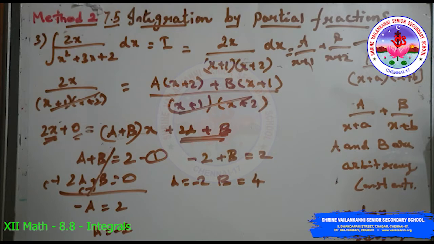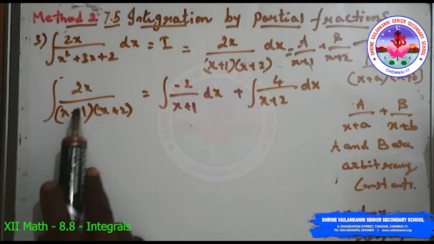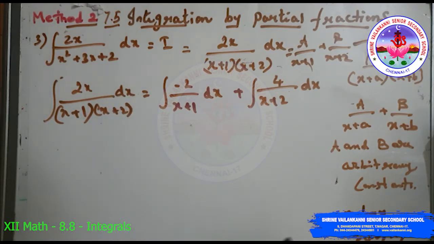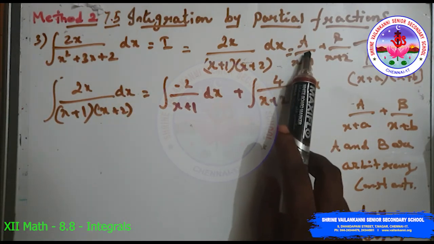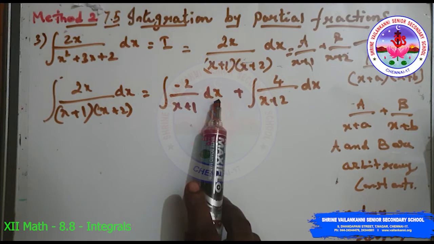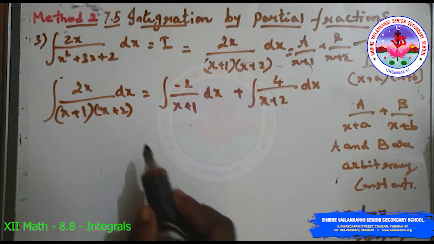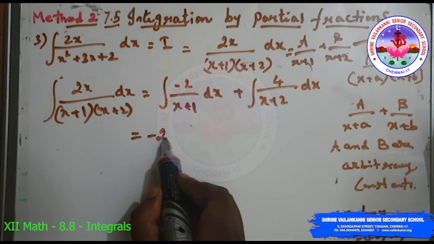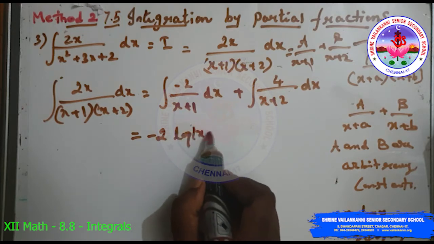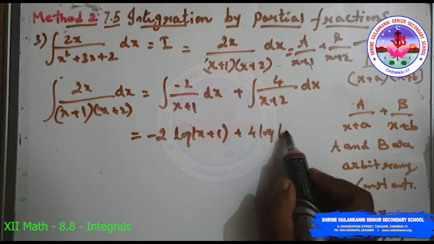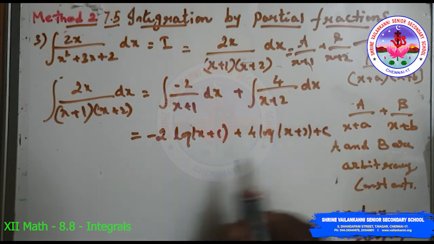Now we have to substitute these constant values in this form and then integrate. So the integral of 2x by (x plus 1) into (x plus 2) dx is equal to, a is minus 2, so minus 2 by x plus 1 dx, plus b is 4 by x plus 2 dx. When we integrate this, we get minus 2 log of (x plus 1) plus 4 log (x plus 2) plus c.